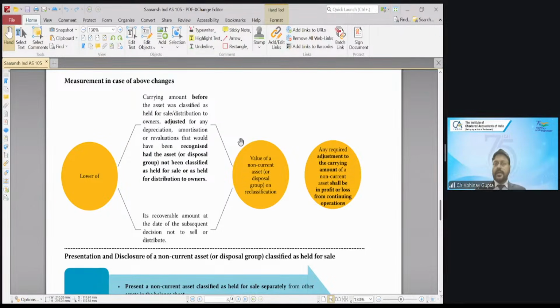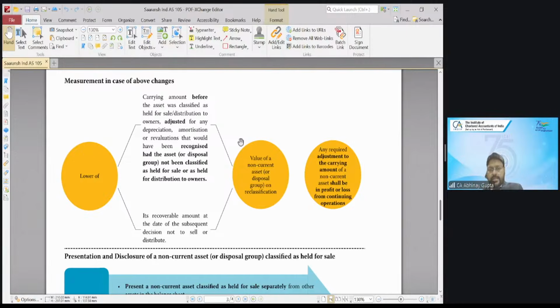Although that is not promoted by the standard, because the precondition of the standard is that management is not withdrawing this, in practical life there could be certain situations where management is now withdrawing the plan, right? So in that case, the standard says, because we were measuring all these non-current assets held for sale at fair value less cost to sell at each reporting date since the date of the classification, but had we not planned to sell them, we would have been measuring them at carrying amount, which would have been the cost minus depreciation minus impairment until today, right?